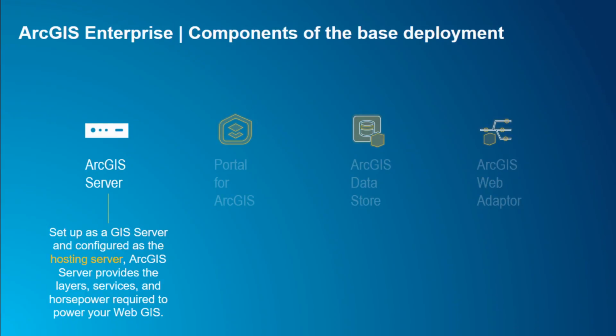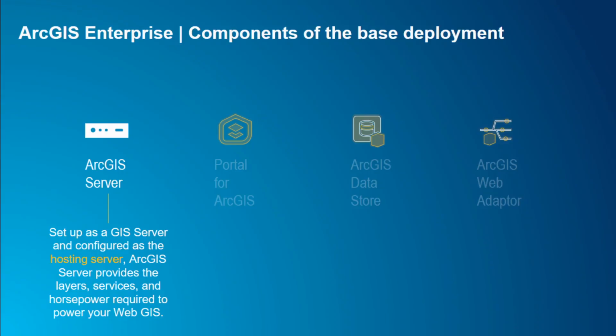The ArcGIS Server component has a key part to play in the base deployment. It's what you set up as what's known as the hosting server. So when you or your users hand over data to the system, whether it's dragging and dropping a CSV file onto a map or performing analysis within the portal, that data has to go somewhere, that result has to go somewhere. And ultimately it has to be hosted by something.